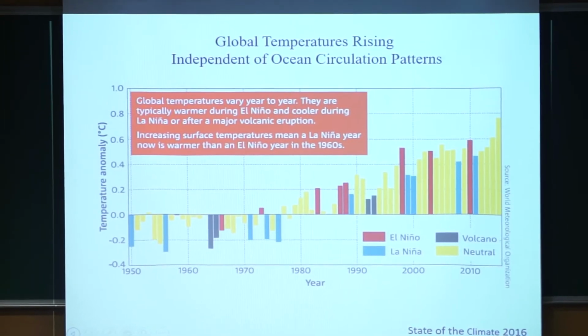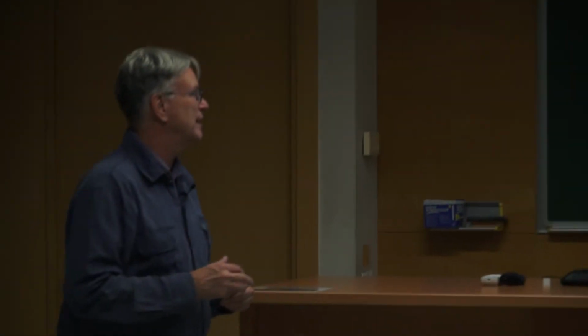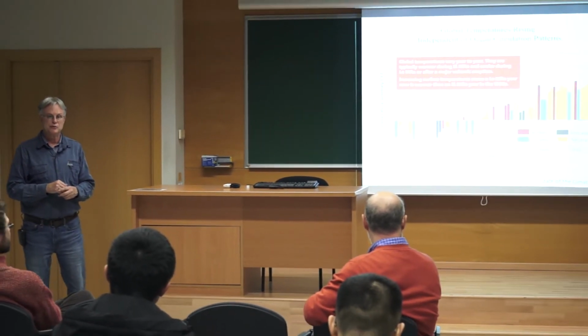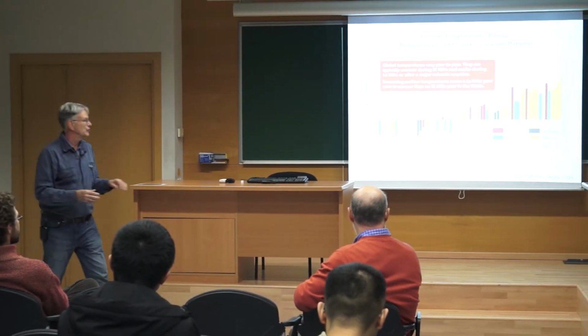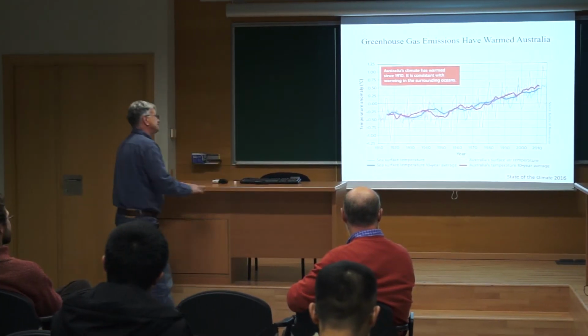In fact, as you can see, they've become appreciably higher than that running average. It also doesn't seem to matter as much whether there are global ocean circulation patterns, such as the El Niños or the La Niñas. Volcanoes typically cool the Earth, but even that is not dropping temperatures below this running average. So we're certainly in a serious warming trend.